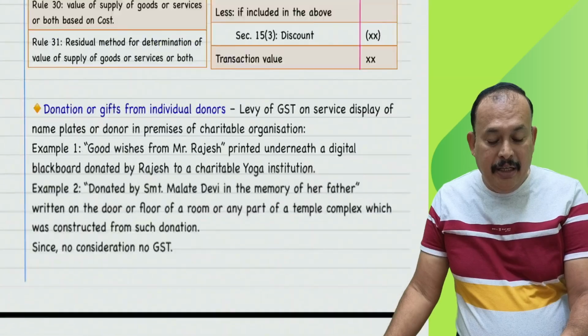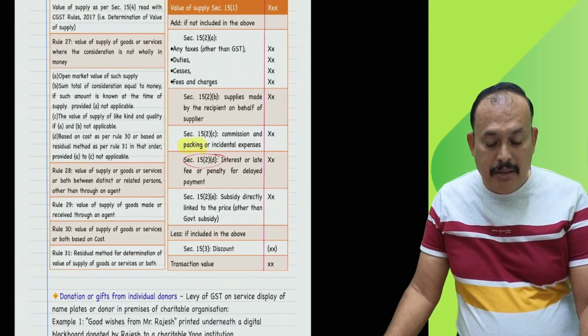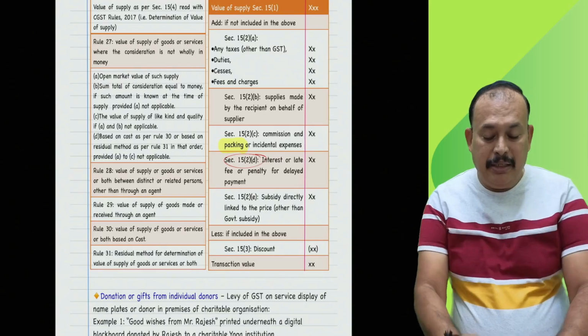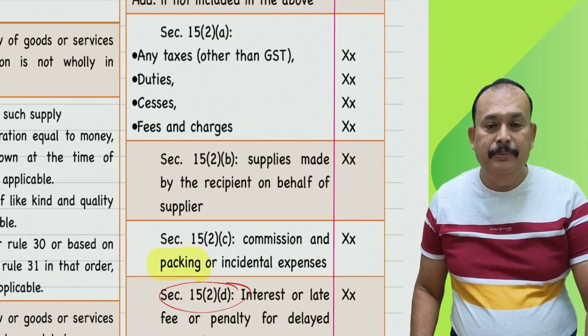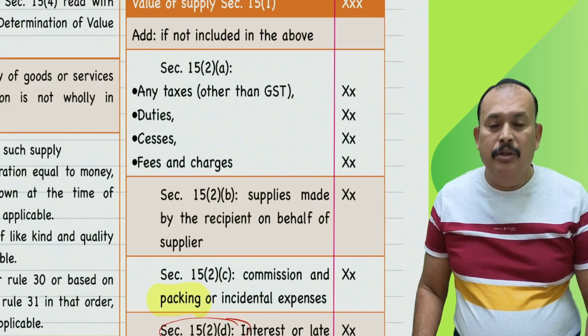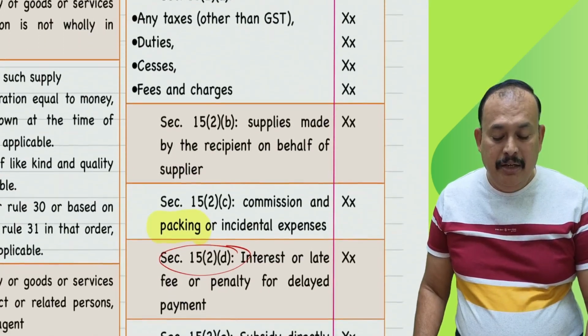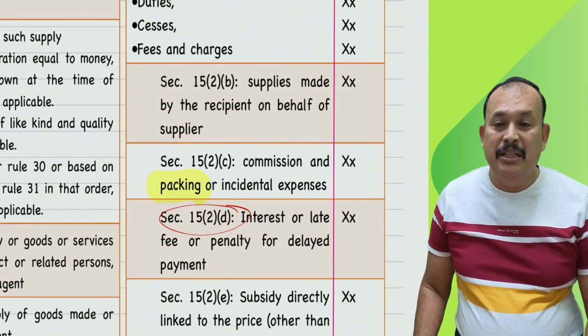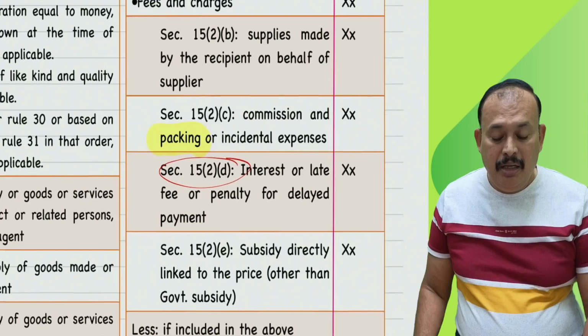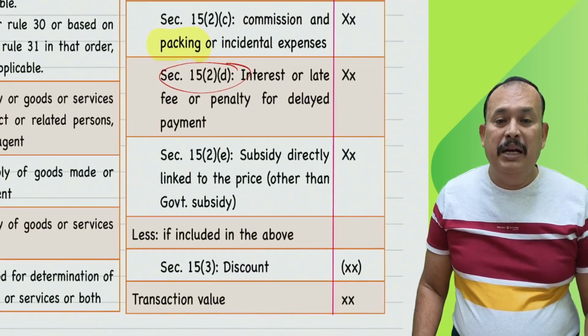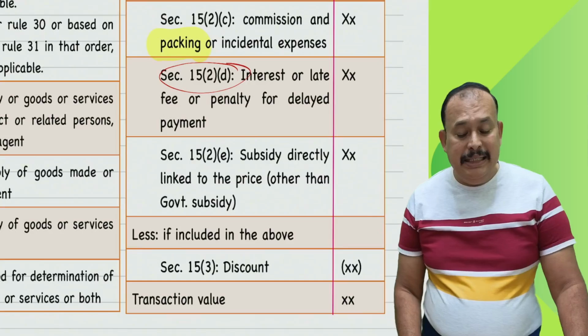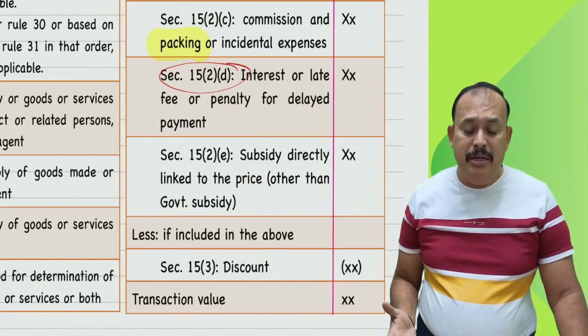Section 15, subsection 2, class A to class B. Class A talks about taxes except GST. 15(2)(b): supplies made by the recipient on behalf of the supplier. C: commission, packing, incentive charges. D: interest or late fee for payment.